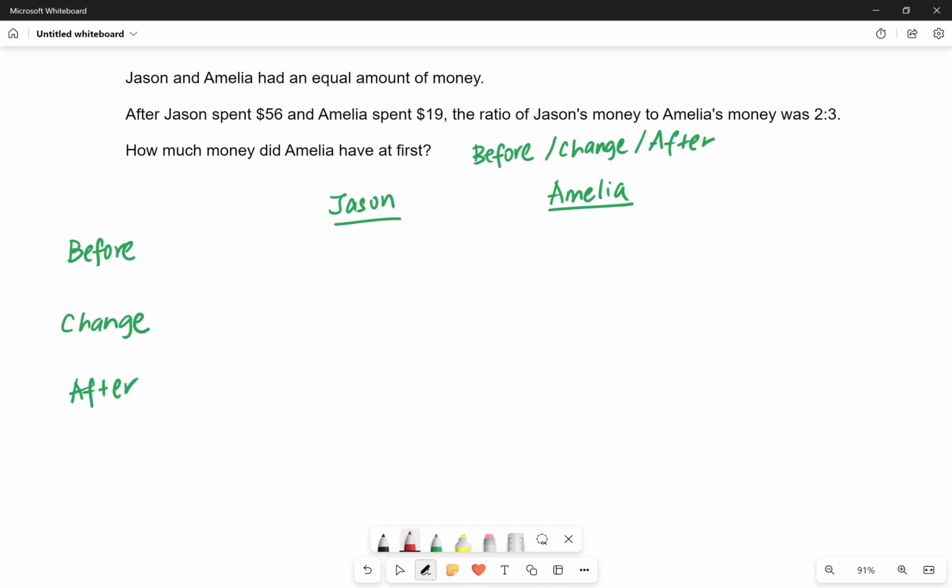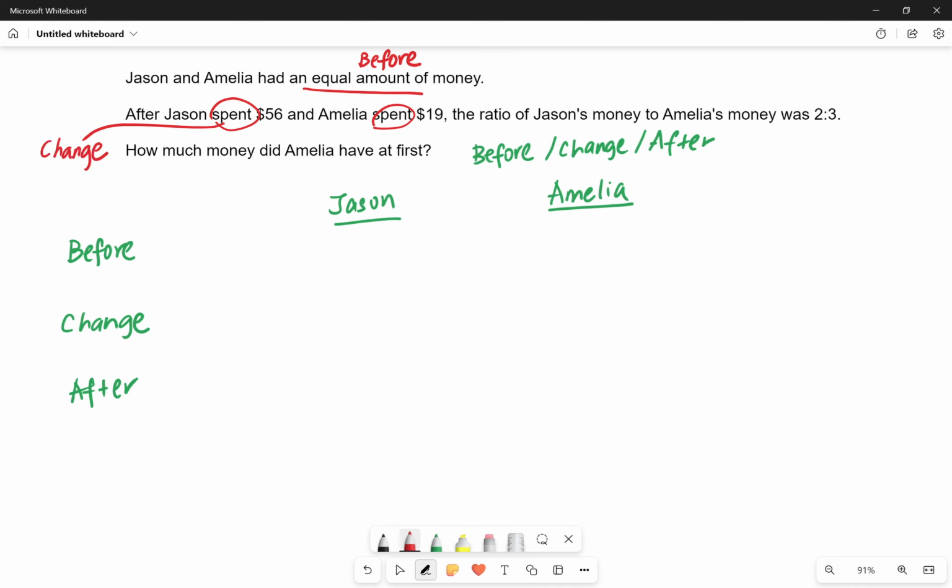As we can see, this entire problem sum is broken down into a few portions. Equal amount of money, this is the before. That means the amount of money that they have before they actually go on to spend it. The spending will be the change that is taking place.